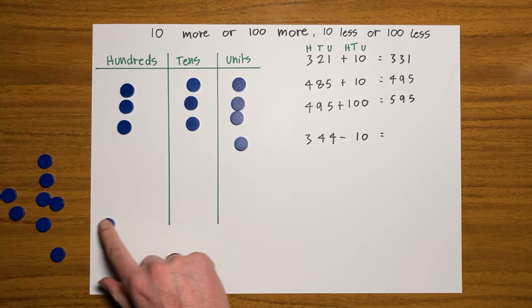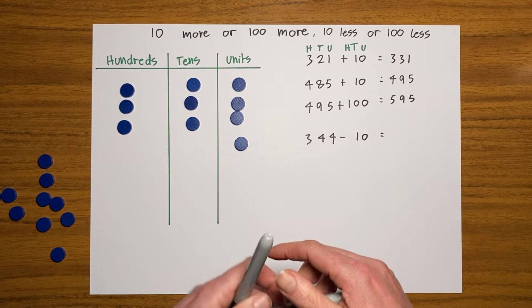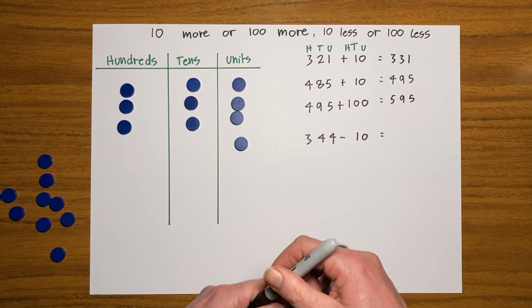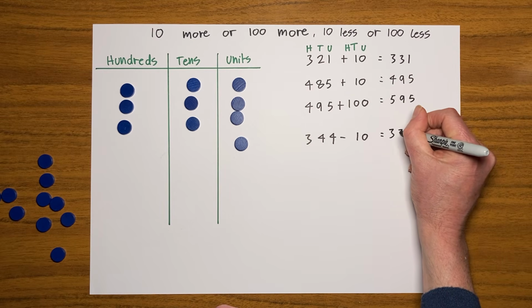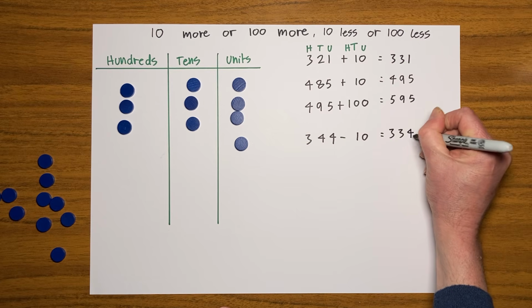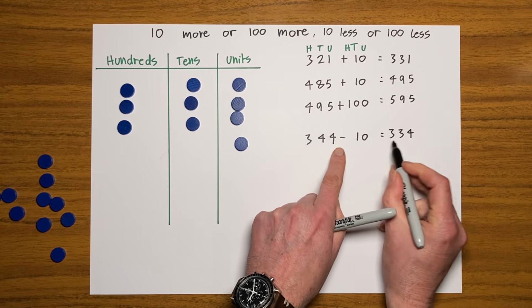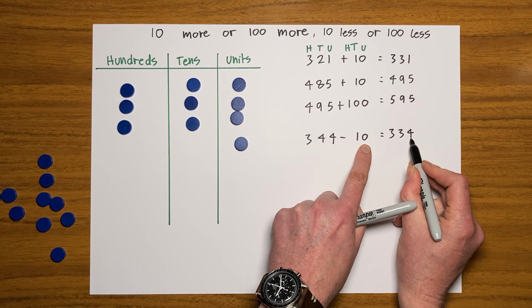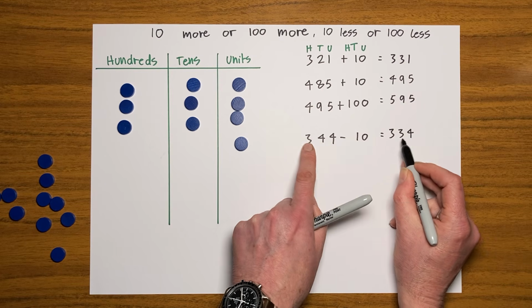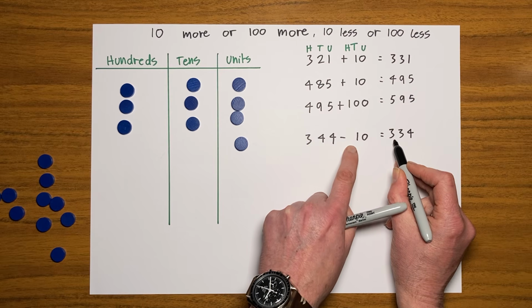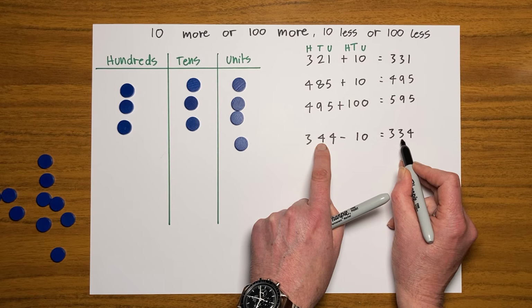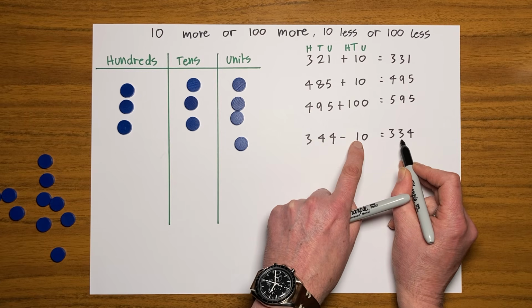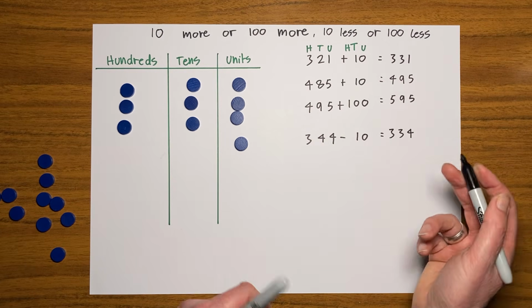So let's take that 10 away from the tens column. The hundreds just stayed the same because I haven't changed that. And I'm going to get 334. And again, just have a look. The 4 hasn't changed because I haven't taken away any units. And the 3, the 300, hasn't changed, because I'm not taking away any hundreds. But the tens column has changed. It's gone from 4 tens. I've taken away 1 ten, so I've got 3 tens left.